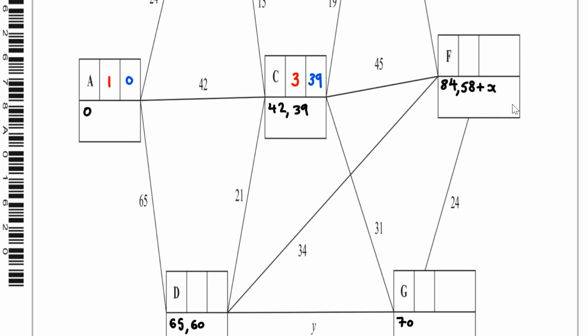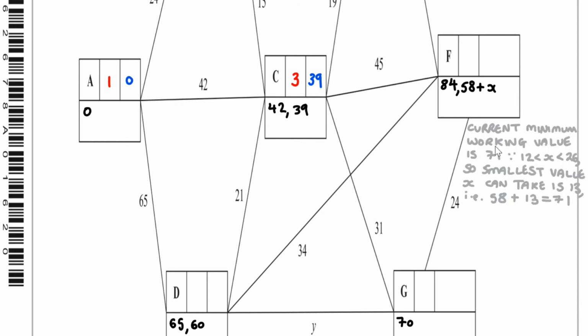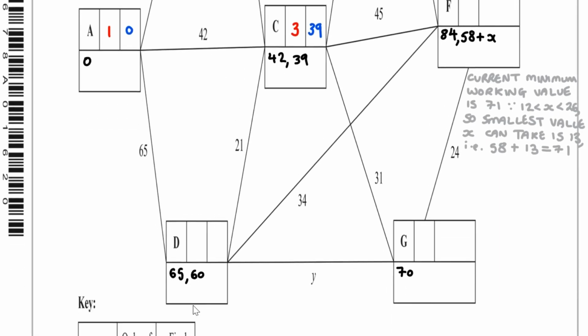So the minimum value we can have in this working values box is 71. So let's just write that down. The current minimum working value here is 71 because x is in between 12 and 26, so the smallest value x can take is 13, i.e. 58 plus the 13 is 71. So having said that, the smallest one is 60.